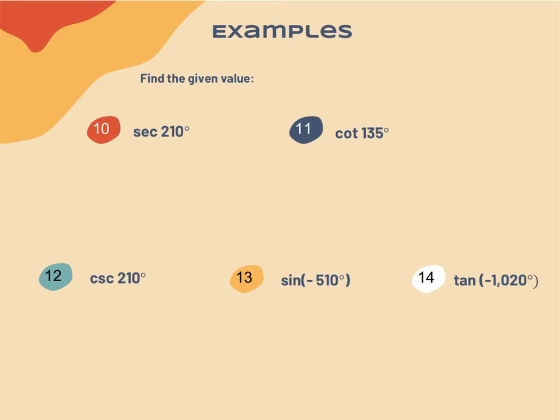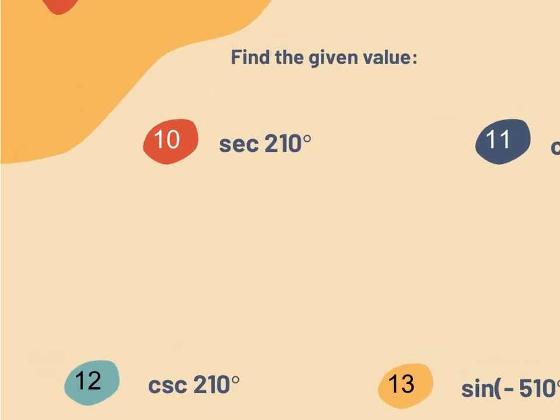All right, so starting at number 10, we're going to do the same thing that we just did on the previous slide. We're going to draw the angles first. Now, on the quiz on Wednesday, you will be graphing these angles. So this is actually a good practice to get you ready for the quiz. So let's first draw our 210-degree angle.